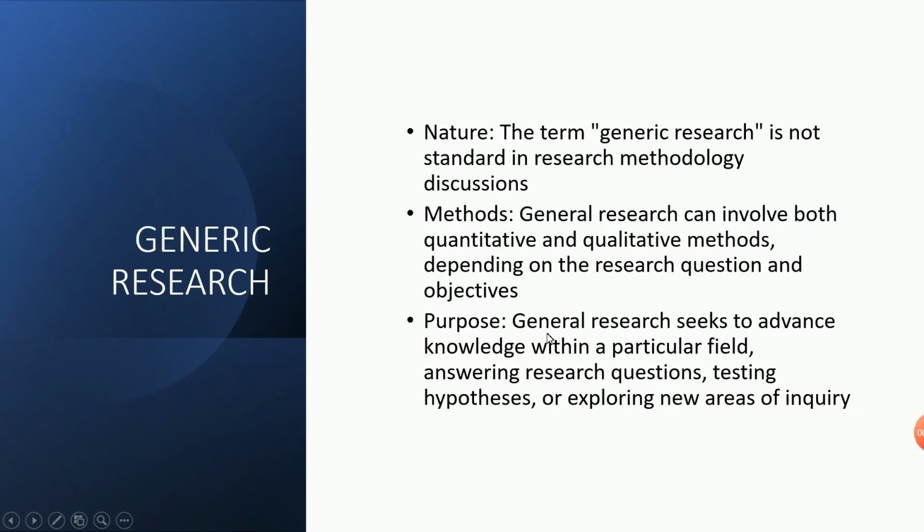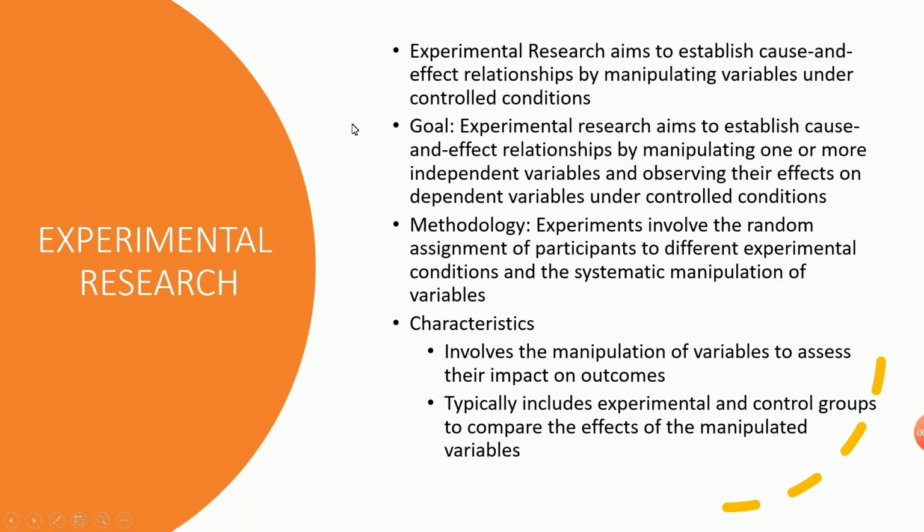So what is the purpose of this? Why are they doing this? Here, general research seeks to advance knowledge within a particular field, answering research questions, testing hypotheses, or exploring new areas of inquiry. Now let's think of experimental research.